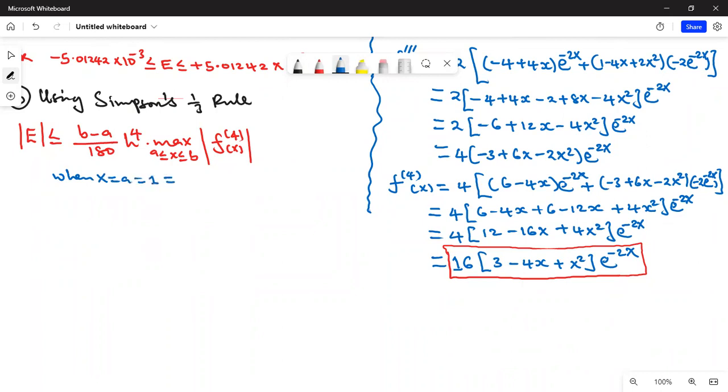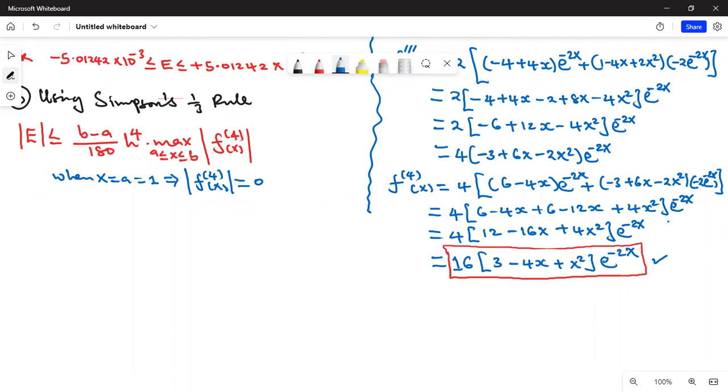what do you think will be the absolute value of the fourth derivative of f of x? So you substitute x equals 1 in this fourth derivative here. If I put 1, I can see I'm going to get 0. You're getting 0, not bad.